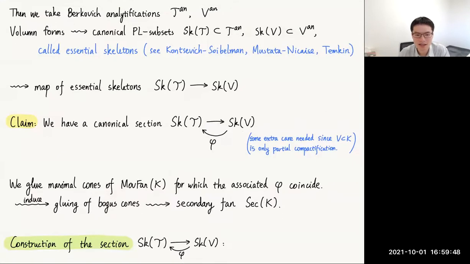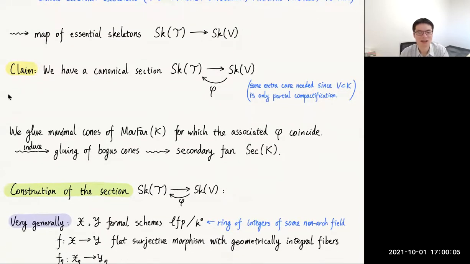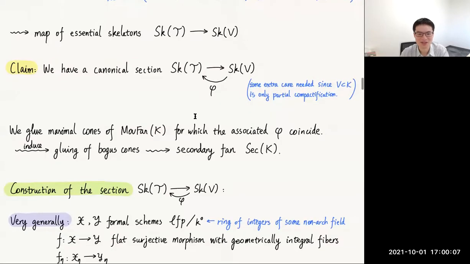Now let me explain where this canonical section phi comes from. It's actually very simple if you think in terms of divisors, but we can do it very generally since the audience are all experts of non-Archimedean geometry.